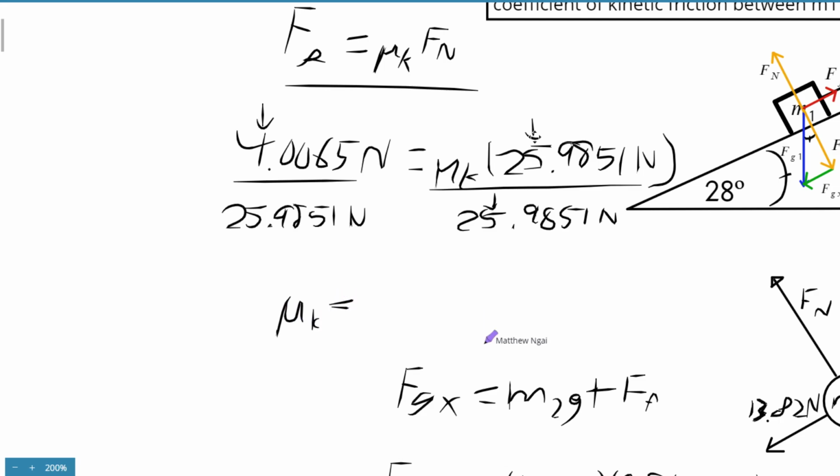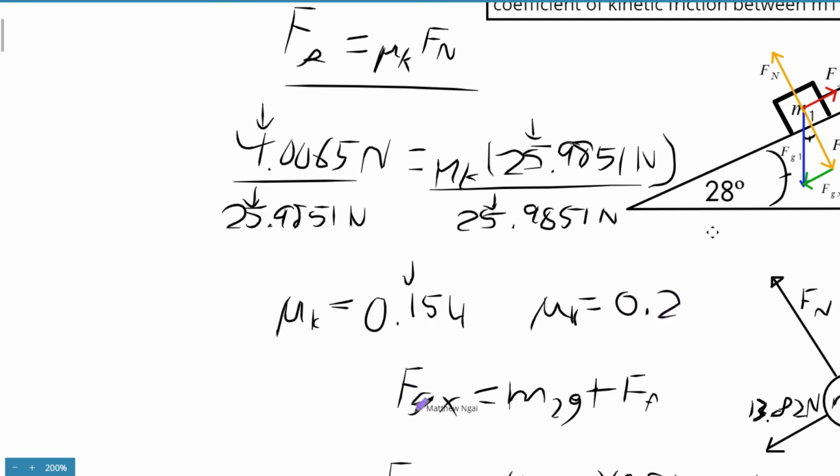When you divide those, you will get 0.154. And since 4 only has one sig fig, you only keep one sig fig, so your coefficient of kinetic friction is equal to 0.2.